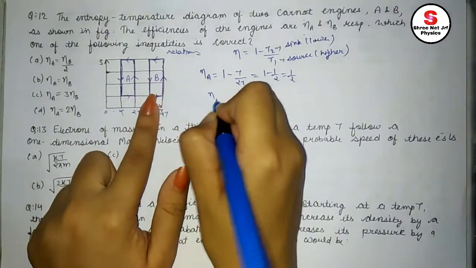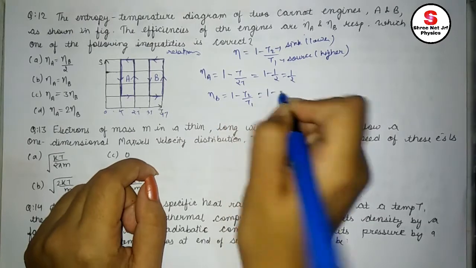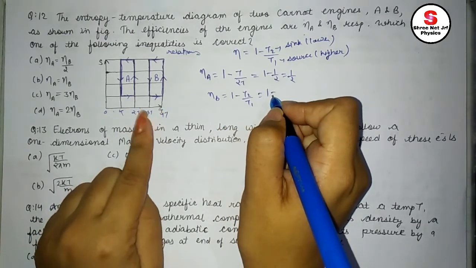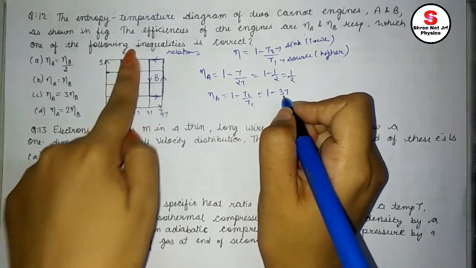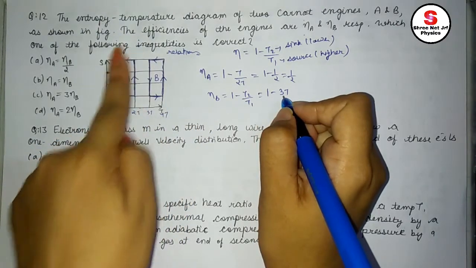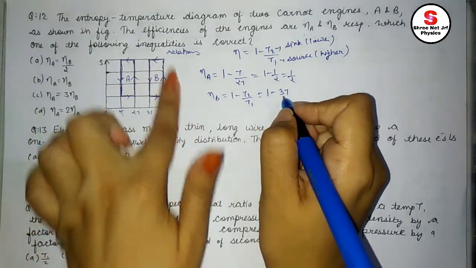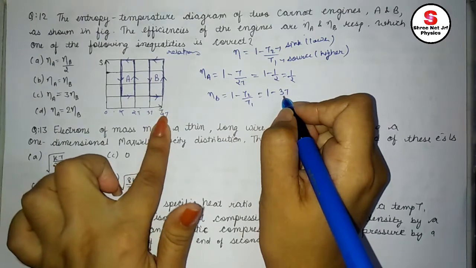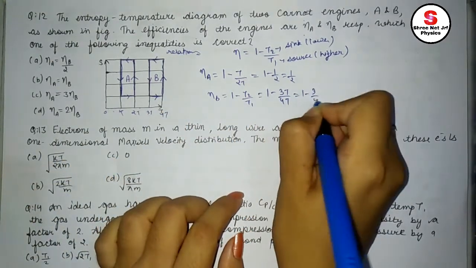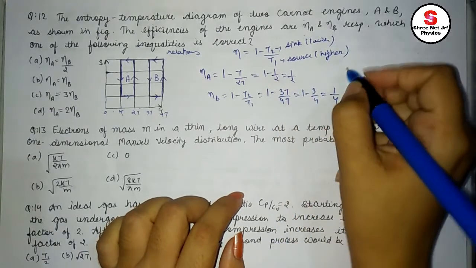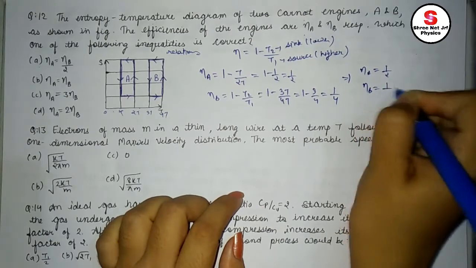For B, eta B is again 1 minus T2 by T1. For this curve of B, lower temperature is 3T and higher is 4T. So 1 minus 3 by 4, which equals 1 by 4. That means eta A equals half, eta B equals 1 by 4.